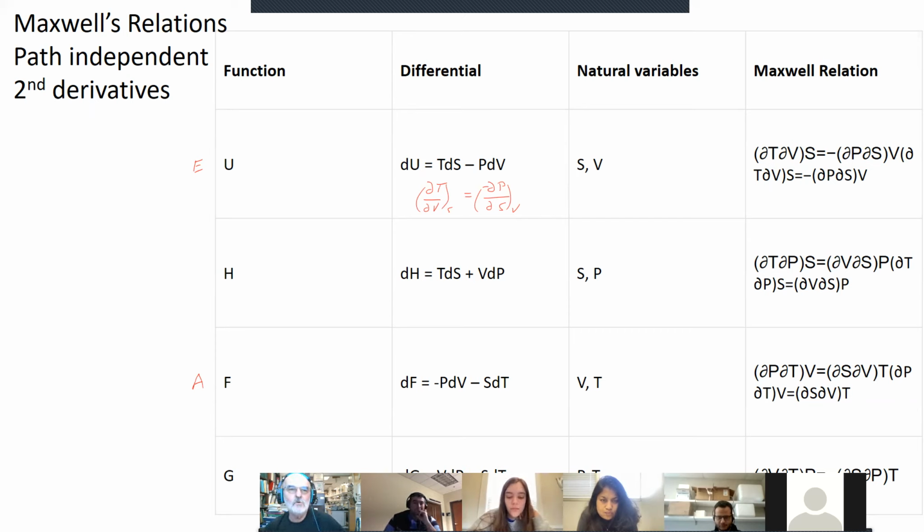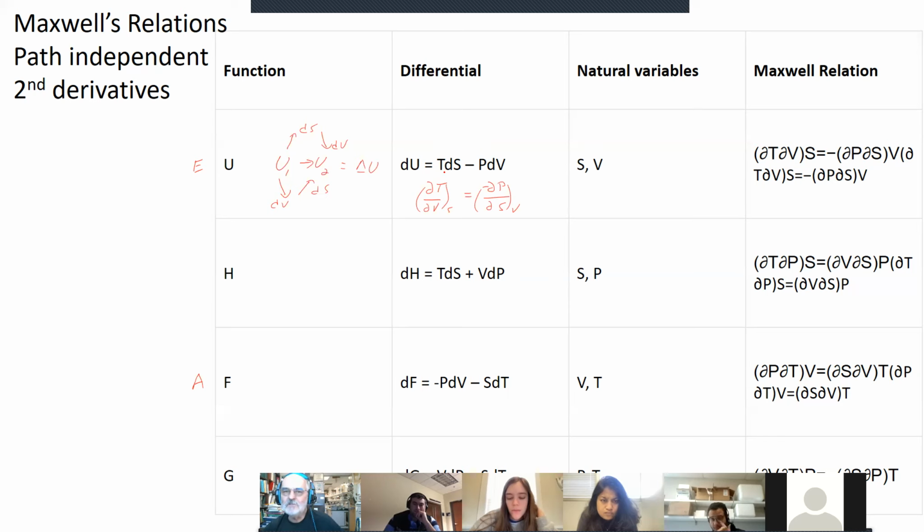And so if you do a transition, U1 to U2, if you first vary the entropy and then vary the volume going to the end state, you will get the same result if you vary the volume and then vary the entropy. The path that you take doesn't matter. You will end up with the same delta U.